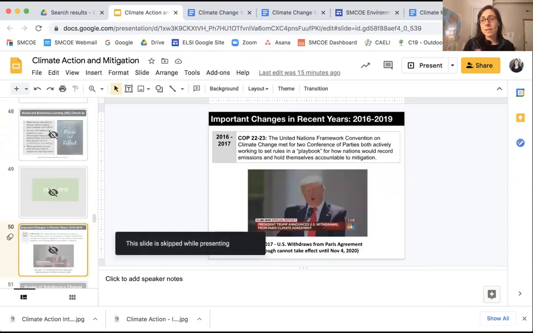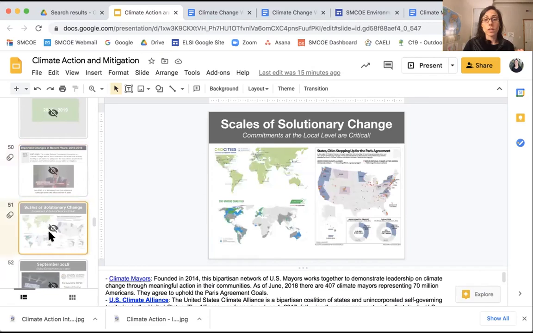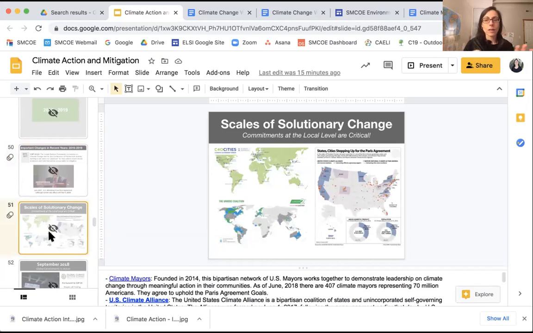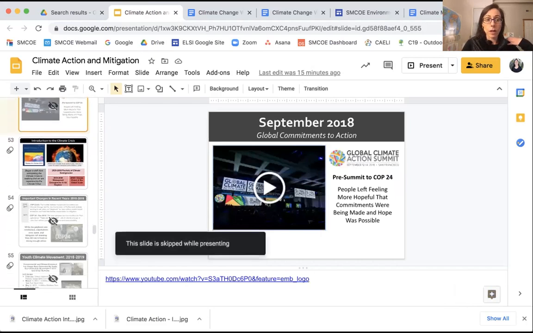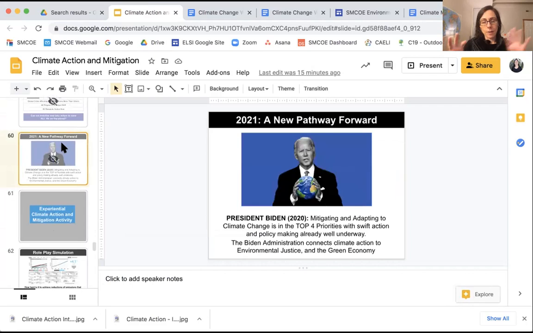It also addresses the Trump administration and how the withdrawal from the Paris Agreement actually spurred on solutionary action in many local places. So in some ways that accelerated some of the commitments, but it was really critical that we got to the point where we are today, where we have a new administration, and the commitment is not just happening at the local level but is a federal commitment as well.